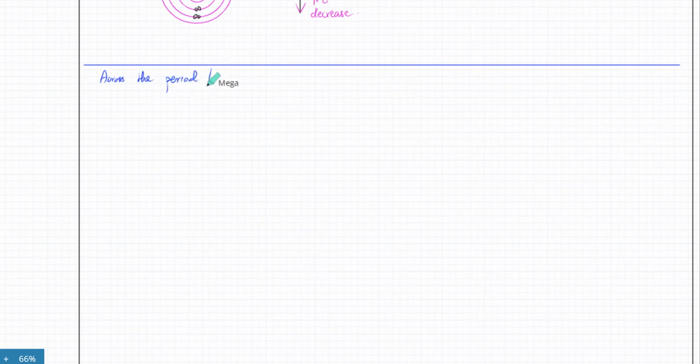And remember, we're talking about the first ionization energy. So I'm just trying to remove the first electron. That's it. No more. So just the first electron.